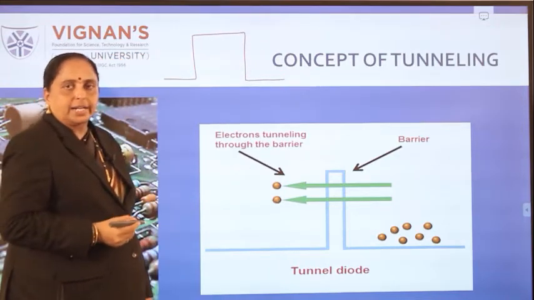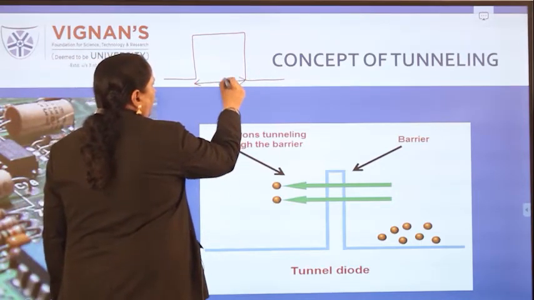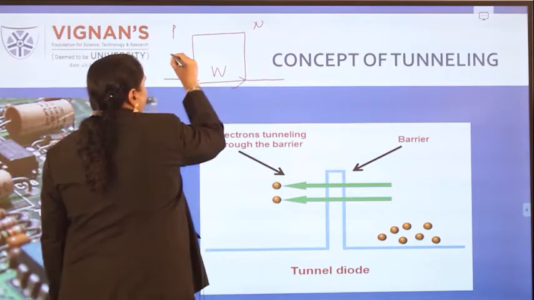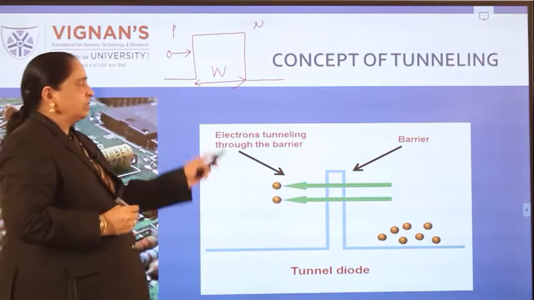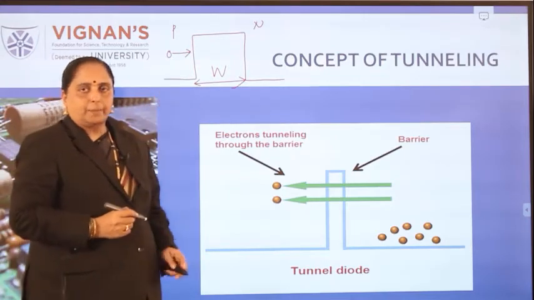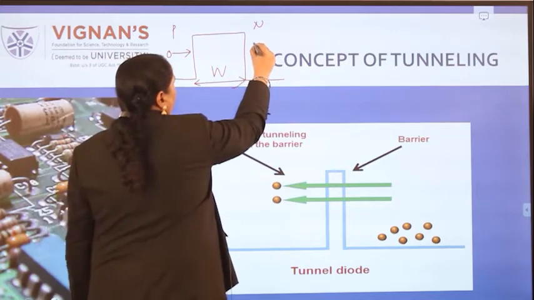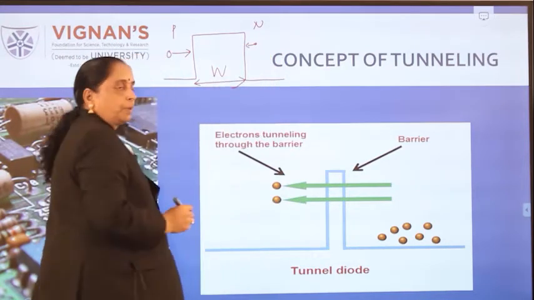Just now we have studied the avalanche breakdown. So when there is normal doping, the depletion width is wide. If any hole tries to cross the barrier, it will stop here, because there is no sufficient external bias to cross this barrier. Similarly, an electron also cannot travel because of this wide depletion width.